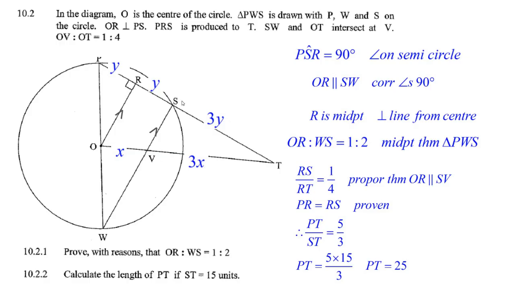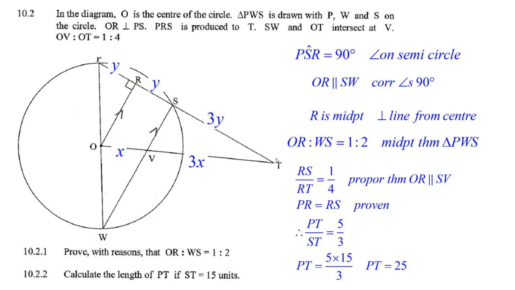And because of the proportionality theorem, it must be the same ratio on the other side, which is Y and 3Y. I don't know what the length is, but I know the ratio has got to be the same because of the proportionality theorem. And hey, we know that PR is equal to RS, so if that's Y, that's got to be Y. Now we are looking at the ratio here.